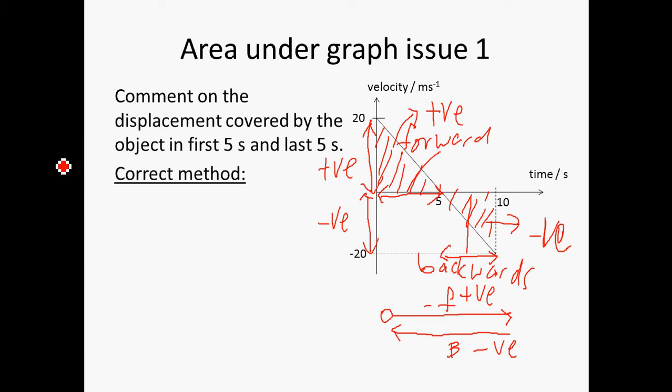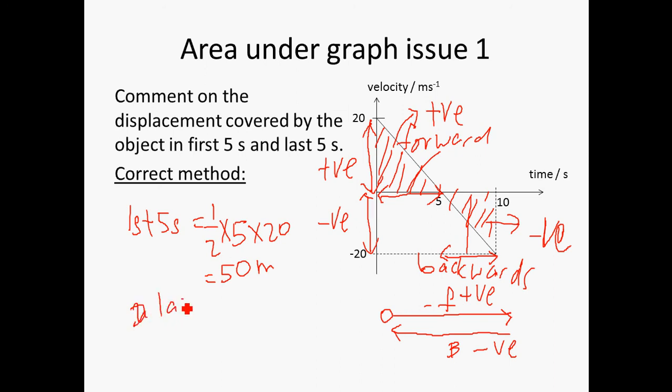So how do you solve it? You find the area here and the area here. So the displacement in the first 5 seconds is going to be half times 5 times 20. So you get 50 meters. Now for the last 5 seconds, you'll have to put a negative sign because it's moving backwards.